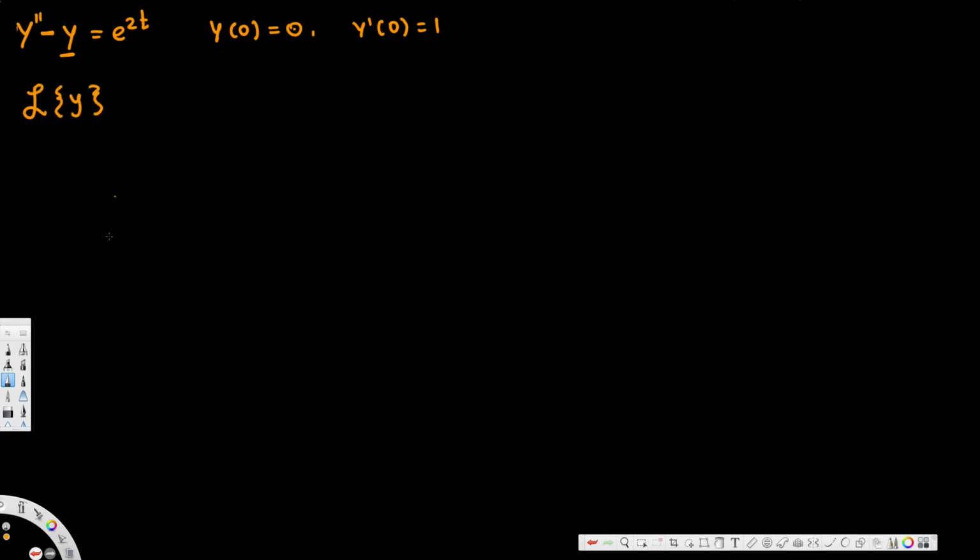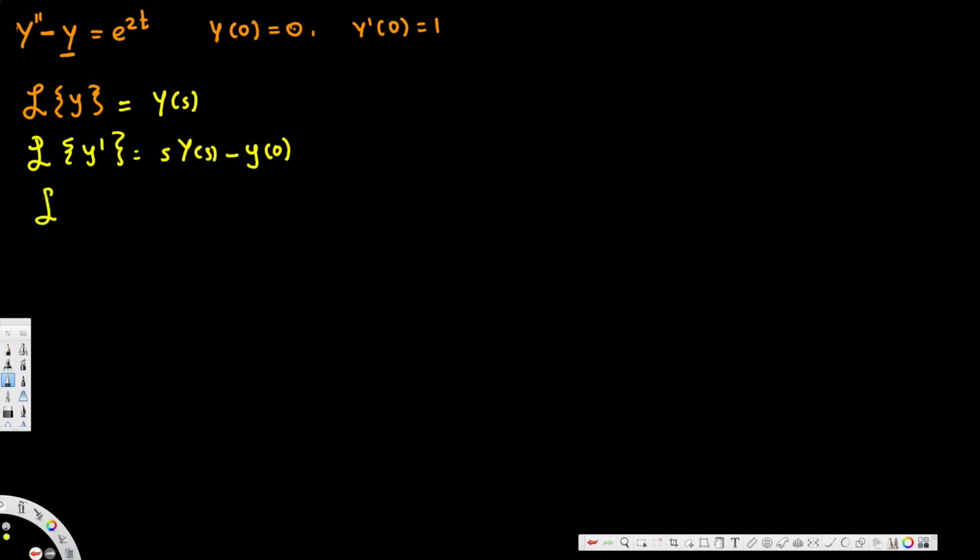Laplace transform of y is equivalent to y of s, and then the Laplace transform of y prime is equivalent to s y of s minus y of 0.